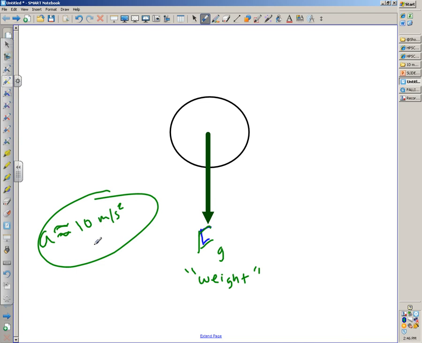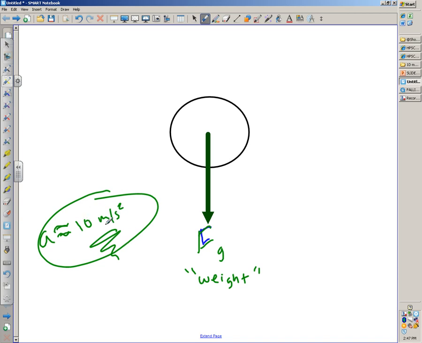That doesn't change. But the acceleration of this ball might change, not because gravity changes, but because why? How do I get the acceleration of this ball or the motion of this ball to be different than it is now? Apply another force. Does that make sense? That if gravity and only gravity are acting on this object, it has an acceleration of 10 or close to it.